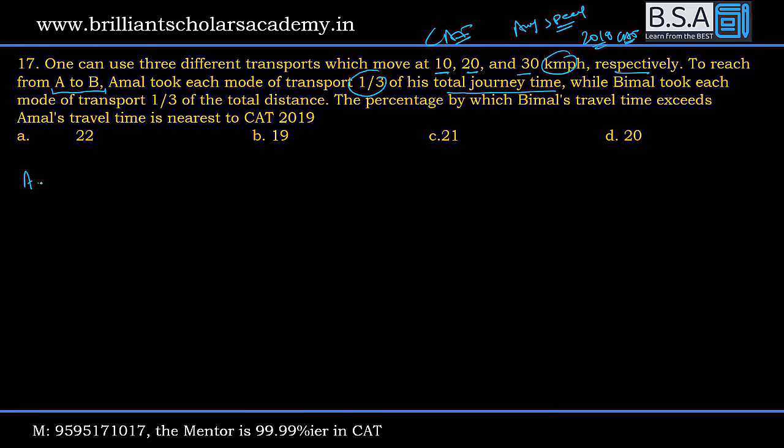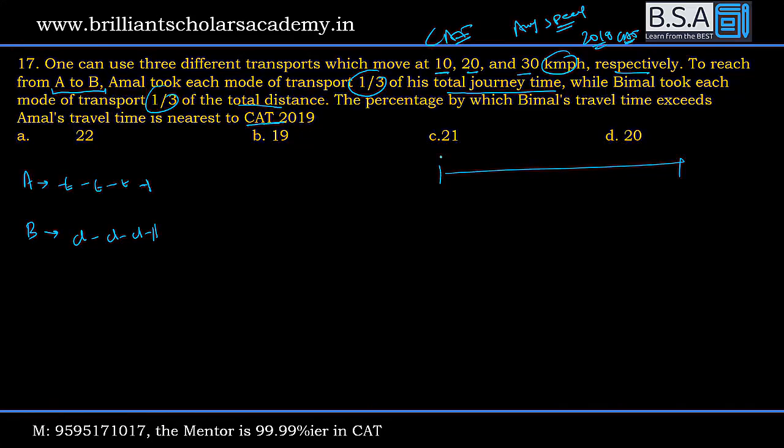Amal is dividing the journey in three intervals of time, while Bimal took each mode of transport one third of the total distance. Bimal is dividing the journey in three equal distances.